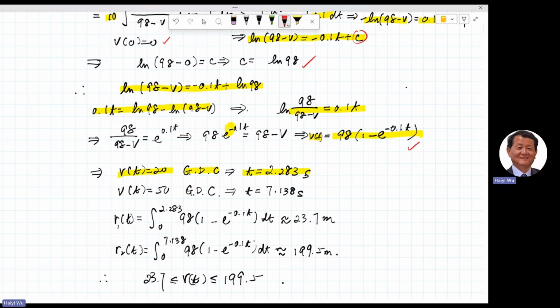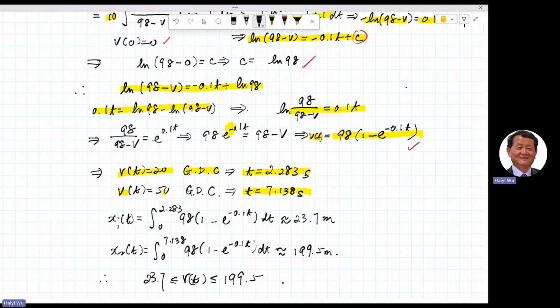The formula can be used in the graphics calculator. Save your time, so don't do it manually because otherwise it will take a long time. Then you substitute 50 into the formula. So you get two different times. Then you can find x, actually we call x1 and x2.